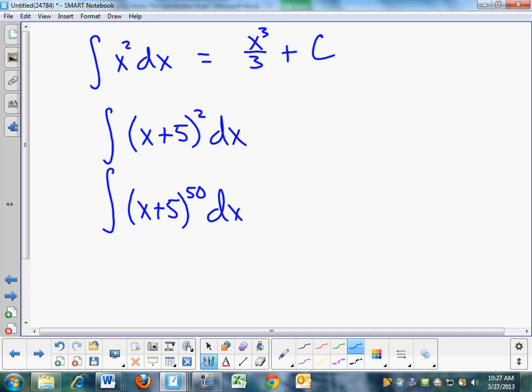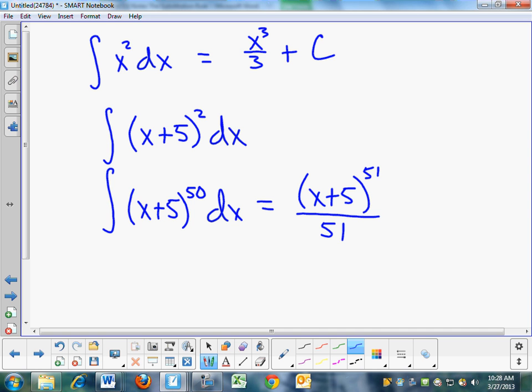When you take the derivative of this, you would use the chain rule, right? What's the derivative of the inside? 1. So you can see that when the derivative is 1, it really doesn't cause an issue. In fact, the antiderivative of this is exactly x plus 5 to the 51st power divided by 51, only because the derivative of the inside is 1. If we switch that and have the rate of change of the inside different, then that will affect things.